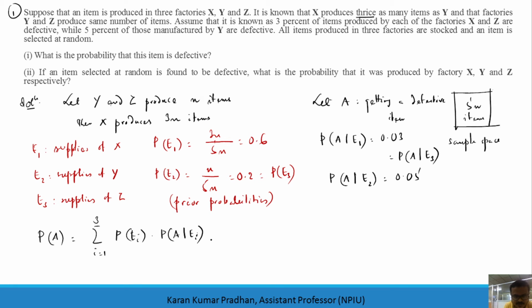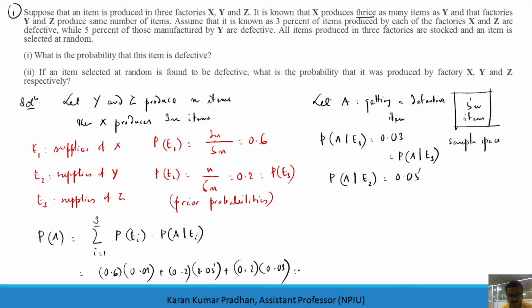So this can be found as 0.6 times 0.03 plus 0.2 times 0.05 plus 0.2 times 0.03, right? So what are you getting, can you please tell me here?